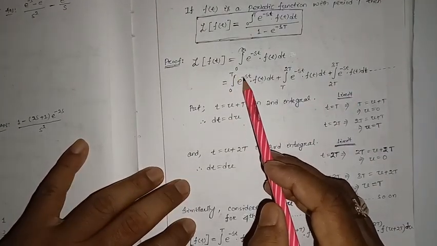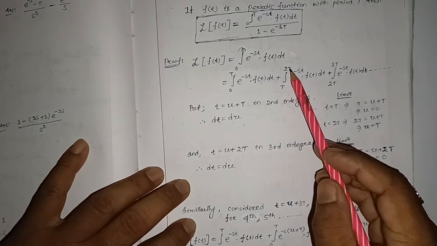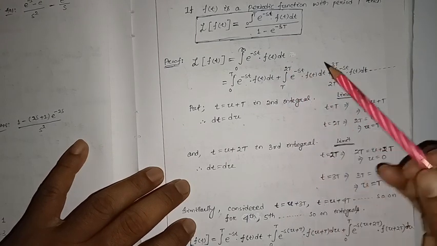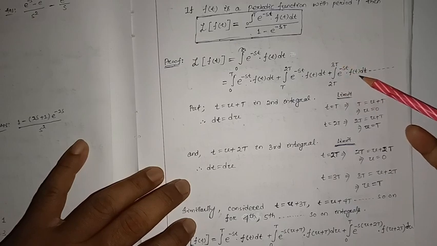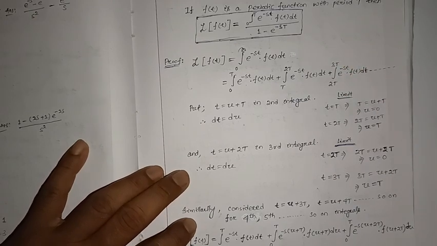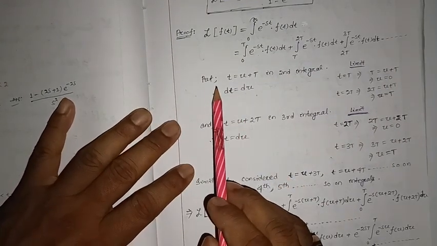So 0 to T e to the minus st f(t) dt, plus T to 2T e to the minus st f(t) dt, then 2T to 3T e to the minus st into f(t) dt, and so on.